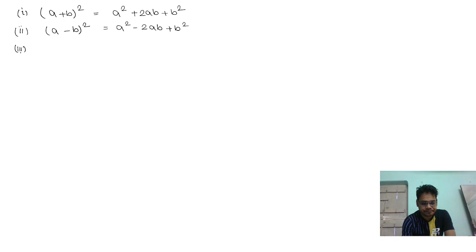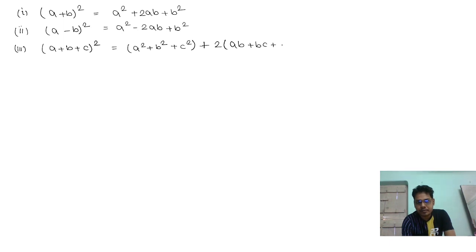Now the third is a plus b plus c whole square. That is a square plus b square plus c square plus 2ab plus 2bc plus 2ca. So we can write 2 common, ab plus bc plus ca. Now the fourth formula, also most important, is a plus b whole cube.